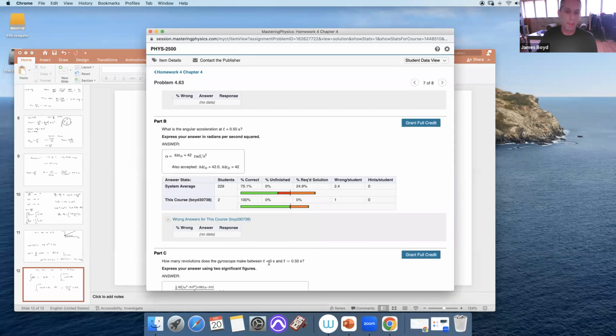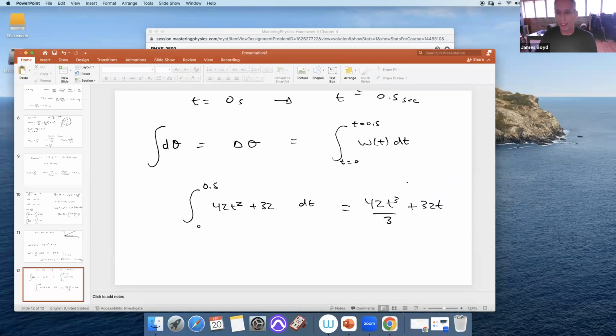Now, we don't need to worry about the lower limit. What we normally do is put in 0.5 for t and then subtract the value at 0, but that is 0. We just need to calculate for t equals 0.5. We're not going to be done quite yet once we get this number. So 42 divided by 3 times 0.5 times 0.5 times 0.5 plus 32 times 0.5 is 17.75 rads.